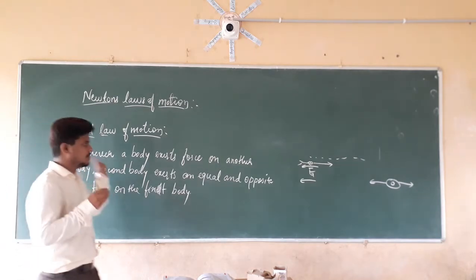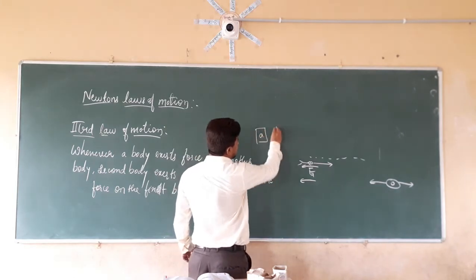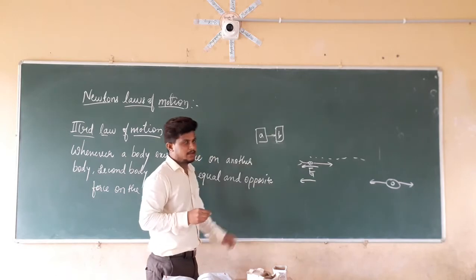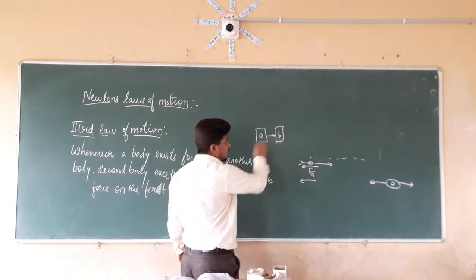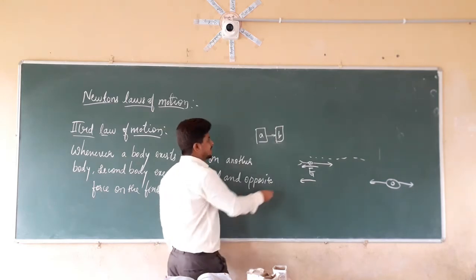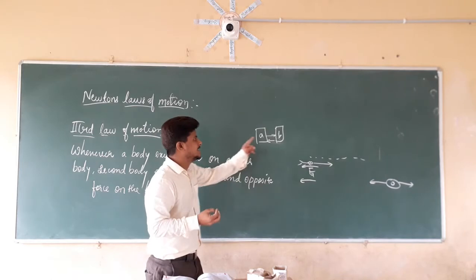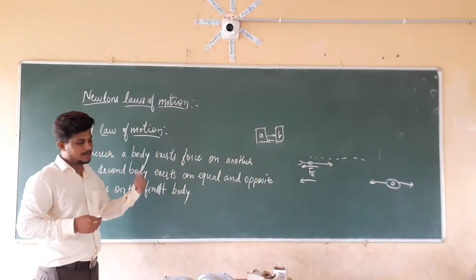If you take the example of body A and this is B, if body A is exerting force on body B, in the same manner object B is going to exert force on A. The magnitude will be the same, but it will be in the opposite direction.